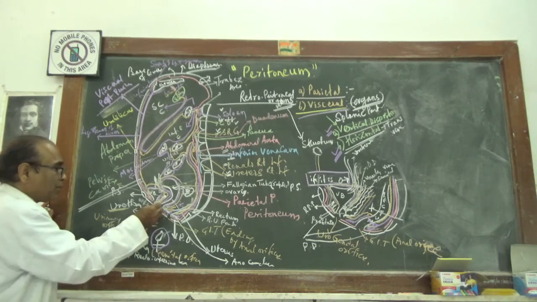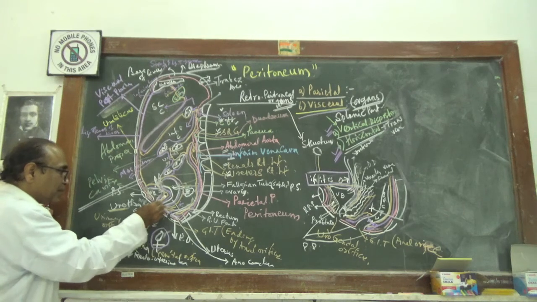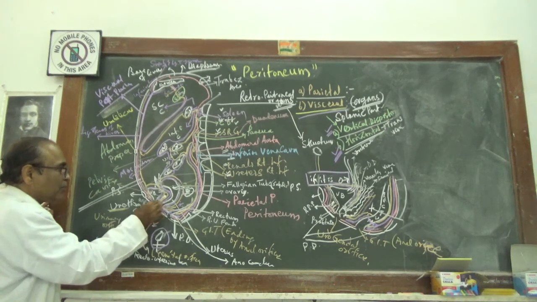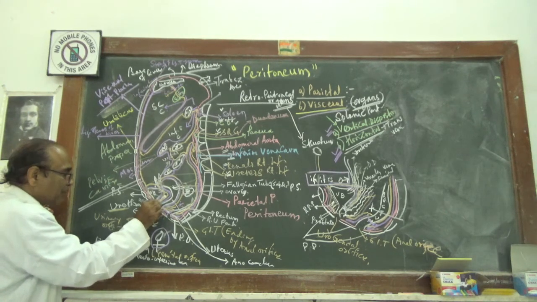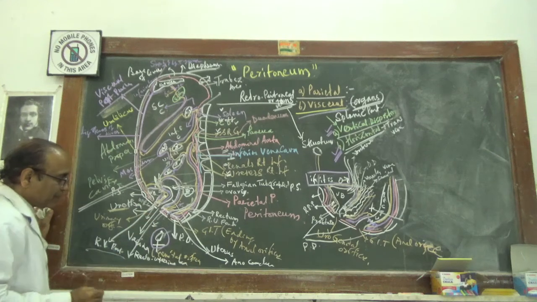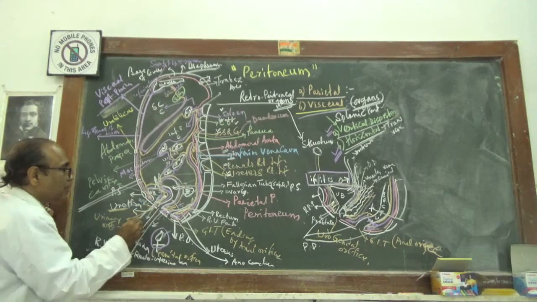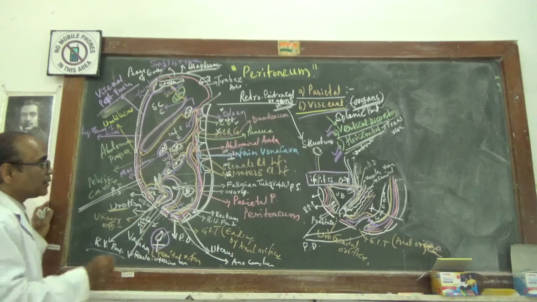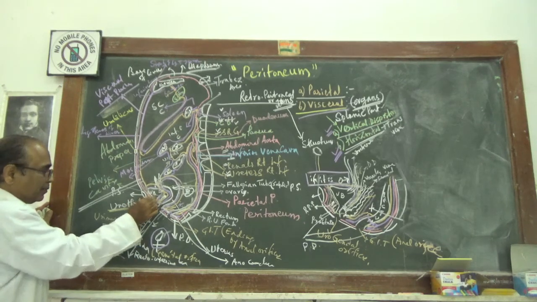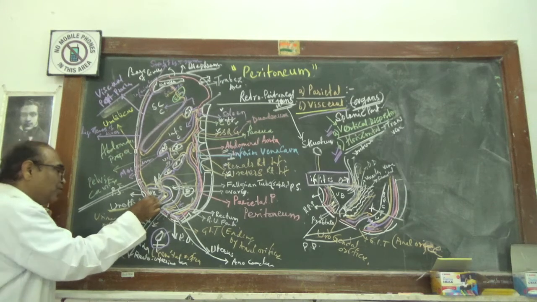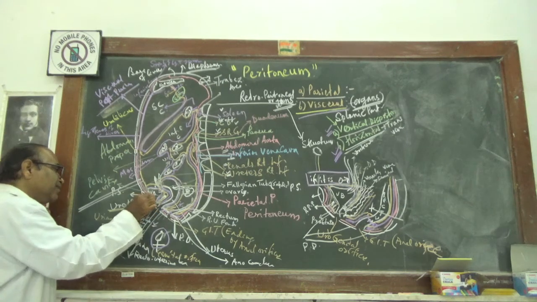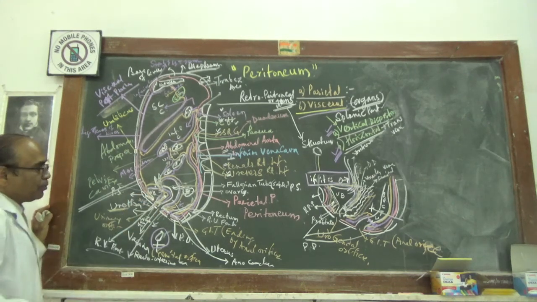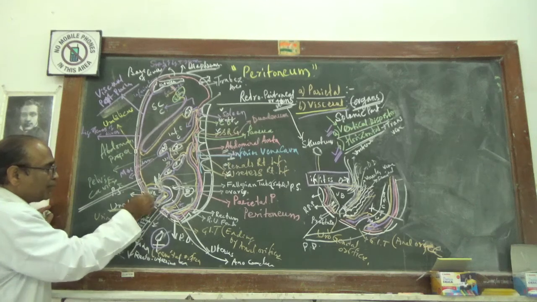And from the uterine cervix to the urinary bladder, this will be the utero-vesical ligament. Then from the urinary bladder to the pubis, the pubo-vesical ligament.